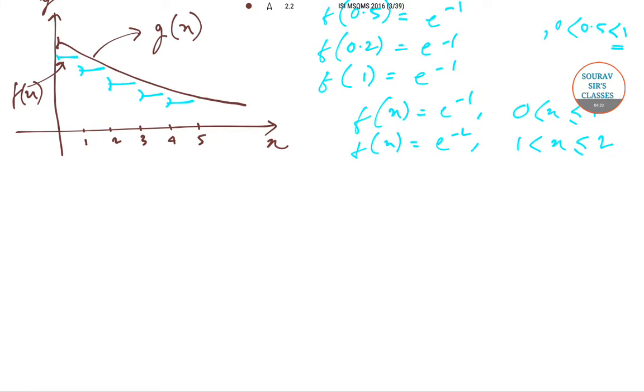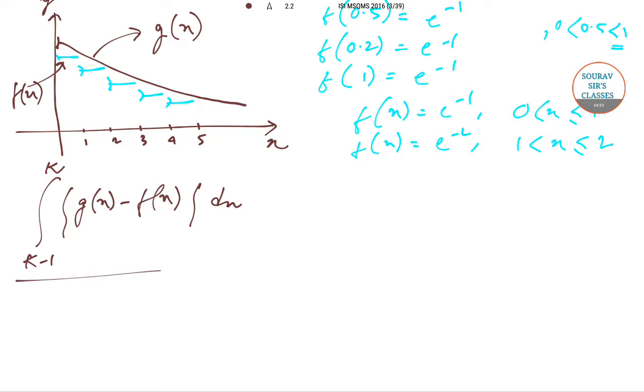First we'll find out the integral of g of x minus f of x dx. Integration goes from k minus 1 to k. For any interval which goes from k minus 1 to k, we'll find out the area under the curve g(x) minus f(x), and this is the formula for the same.